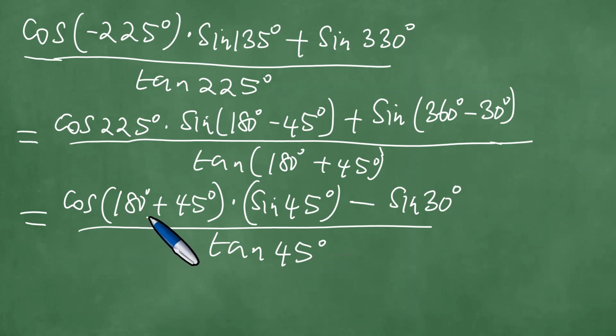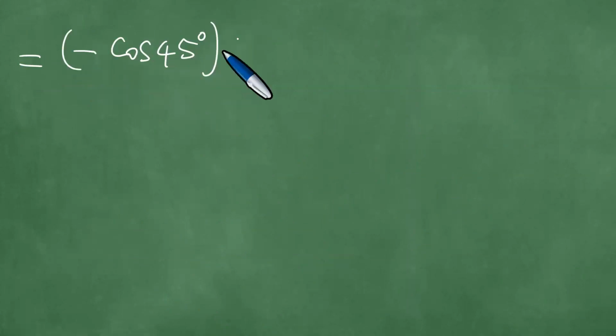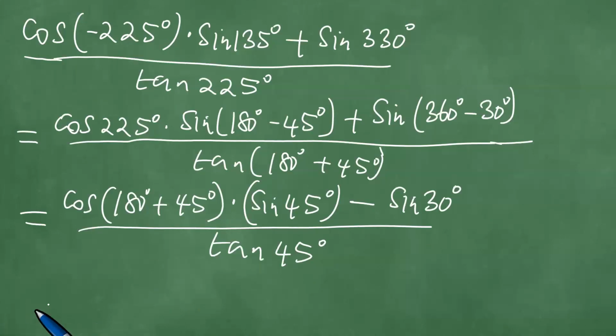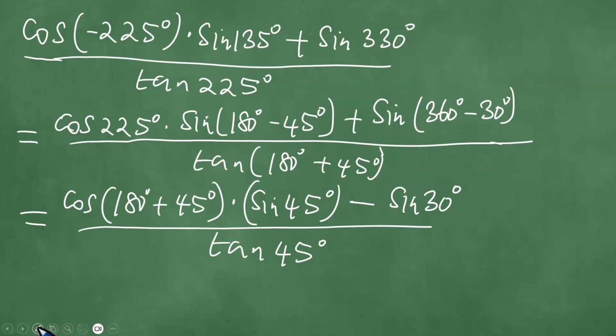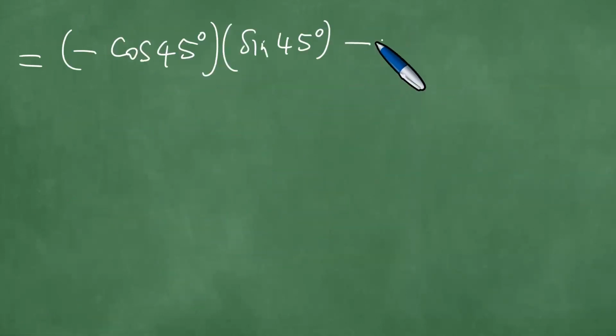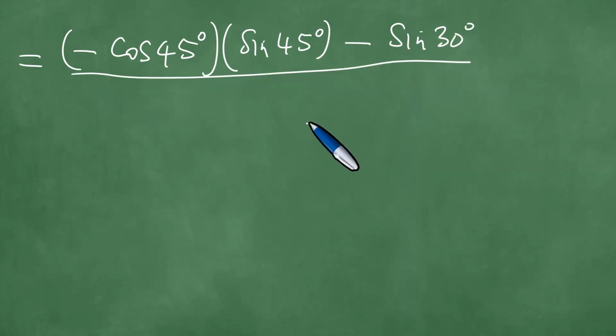So this one is going to be minus cosine 45 degrees, and this one is the sine of 45 degrees, minus sine 30, divided by the tangent of 45 degrees.